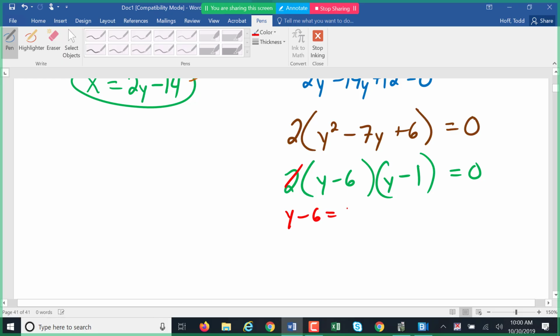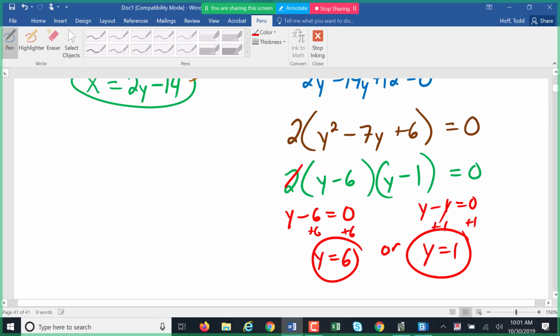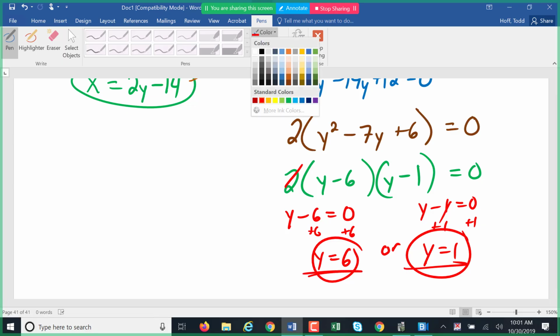Y minus 6 can equal 0, though. Adding 6 will give us y could be 6. Or the y minus 1 can equal 0. Adding 1 to both sides gives us y equals 1. So y is either 6 or 1 or both. Let's double check it back up here in our equations to see what we get for values of x.